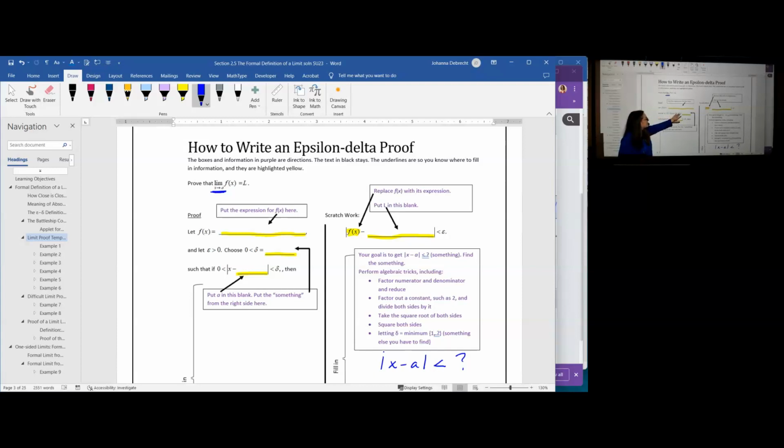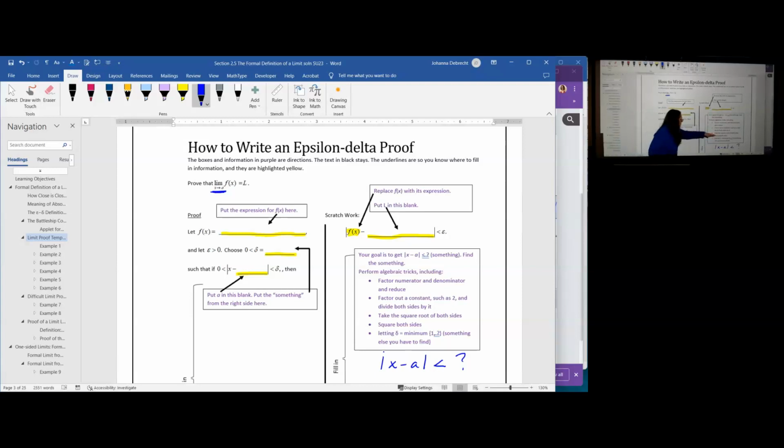Choose 0 less than delta equals whatever you found down here goes right here, such that if 0 is less than x minus a, take your a from the limit and put it here, less than delta, comma, like I've got 2 commas, then, and then the next thing you're going to do is you're going to write the second to last step here goes first.